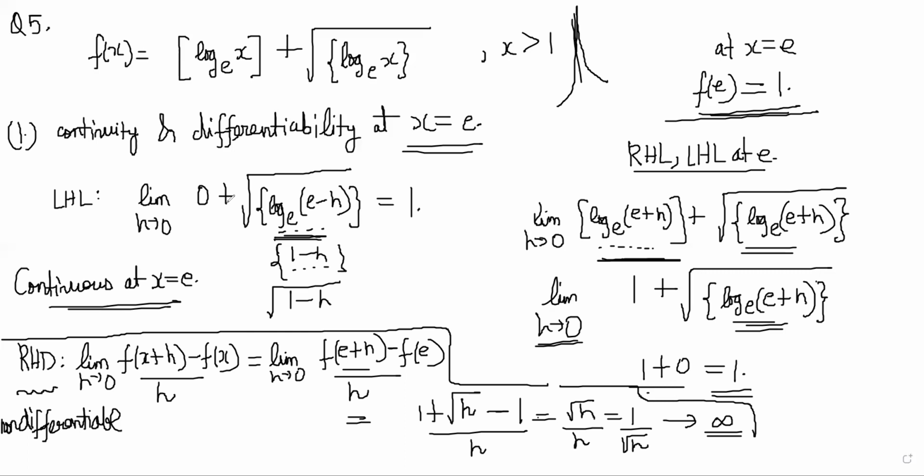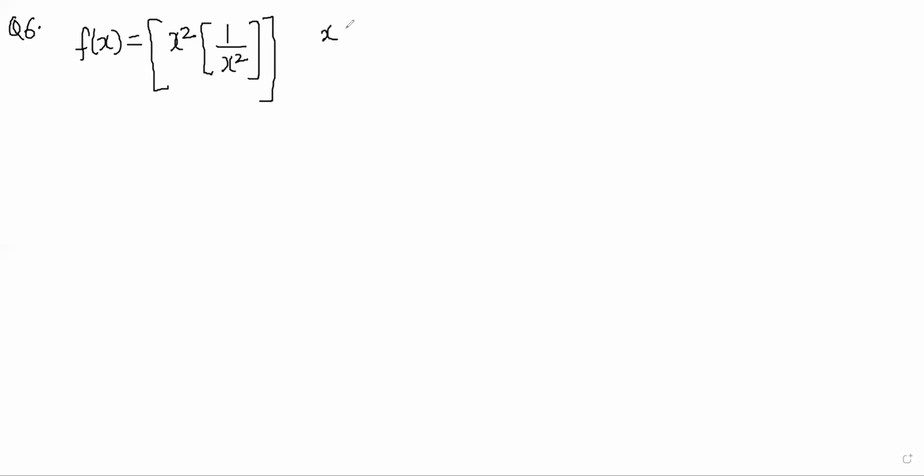Okay. Next one is question number 6. The function f of x is defined as GIF of x square, GIF of 1 by x square, like this, for x not equal to 0.